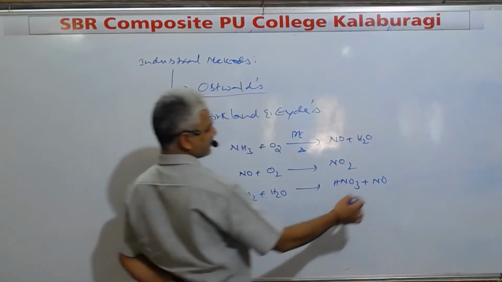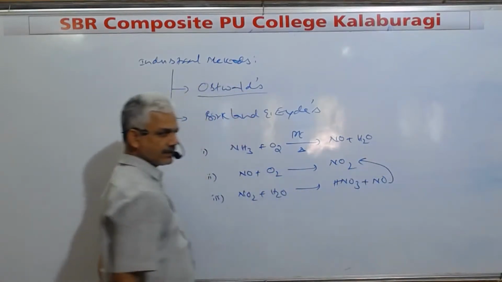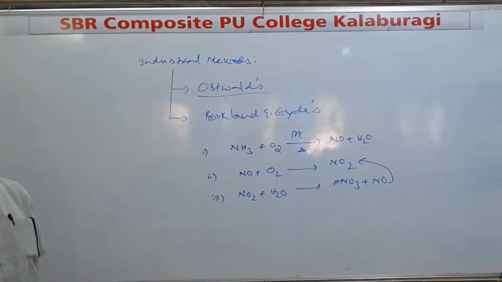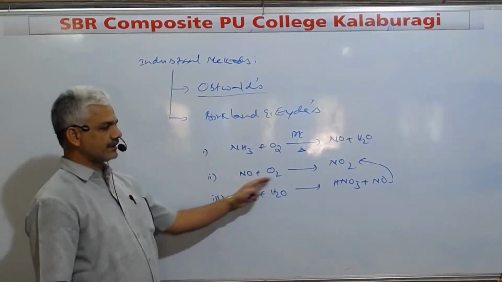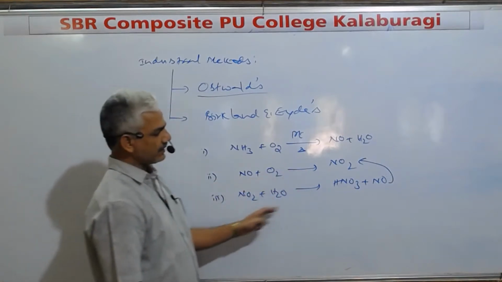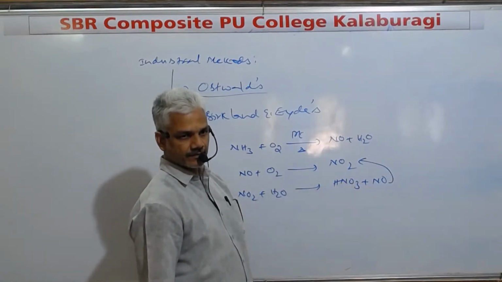So this nitric oxide can be recycled to the second stage. So what is the role of nitric oxide in this method? Is it one of the reactants or shall we consider it as a catalyst? Catalyst. Initially it is participating in the reaction, but at the end it is coming out unchanged.